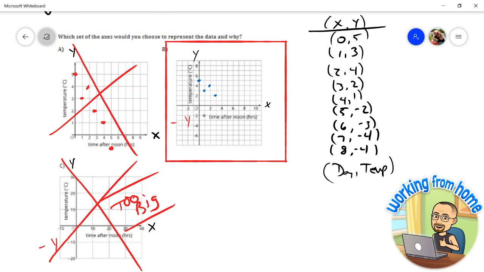Got it. 4, 1. 5, -2. 6, -3. 7, -4. 8, -4. There we go. It all works. It's beautiful. 100% confident. I'm 100% right.